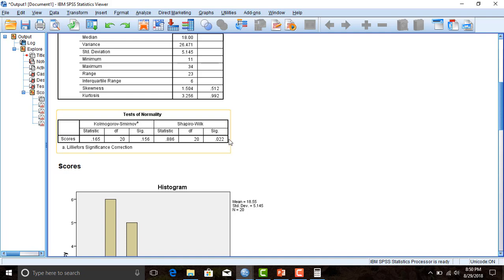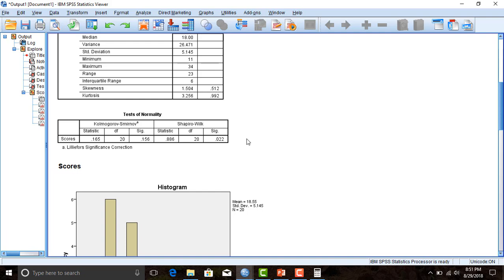But what's important for us is the p-value. For this particular test, we have a p-value of 0.022, which falls below our alpha of 0.05. Since that p is less than alpha, I'm going to reject the null. And in this case, if I reject the null, what I'm saying is that I have a non-normal distribution.